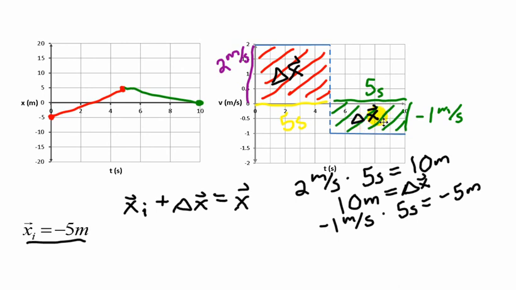That's all. We have to be given some initial position, add the displacement to find out our next position, and then connect those two positions with a straight line, because straight lines on a position versus time graph relate to constant velocities. Alright, I hope that helped.